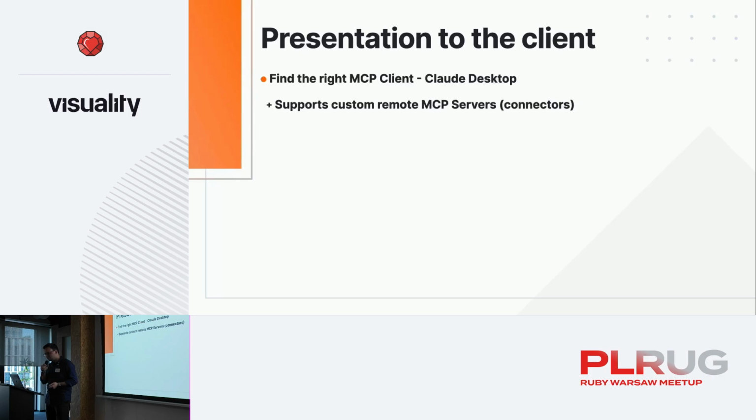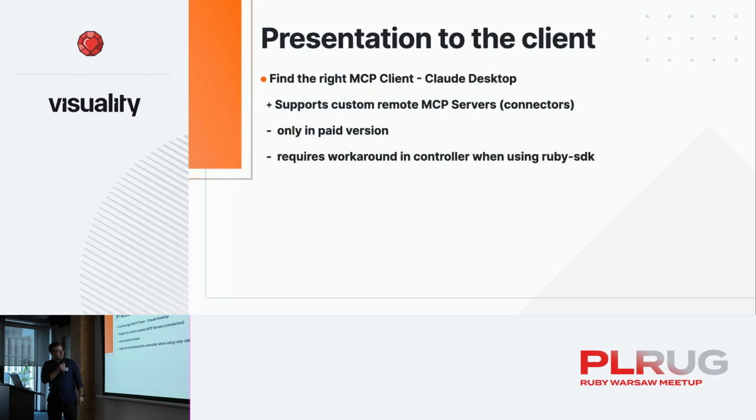The minus is you will need a paid subscription in both of these tools to use custom MCP connectors. And Claude Desktop required this workaround in the controller that I showed you, which again wasn't documented. I only found it out when I traversed the GitHub issues of Ruby SDK.